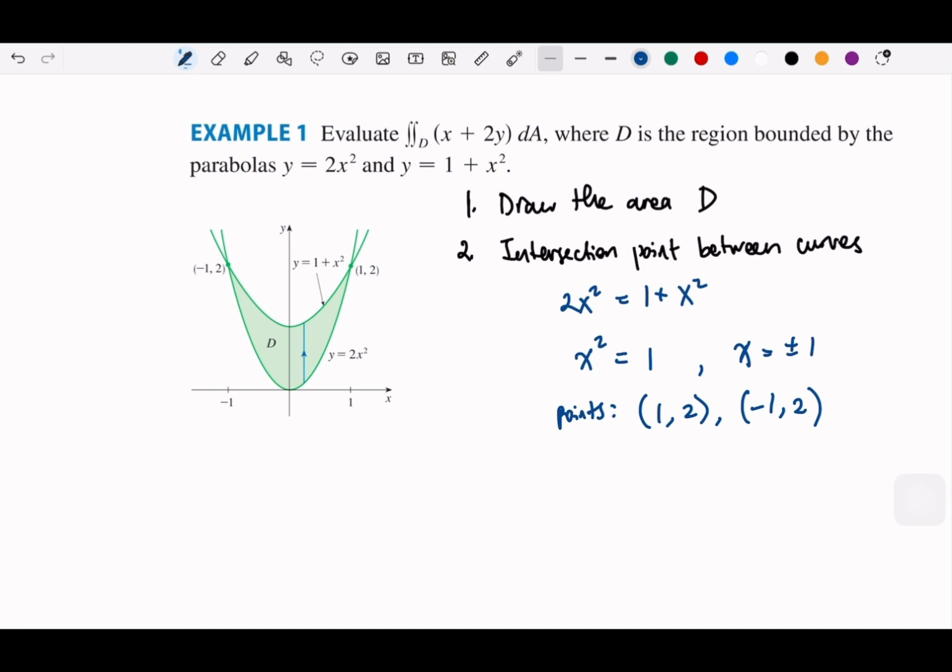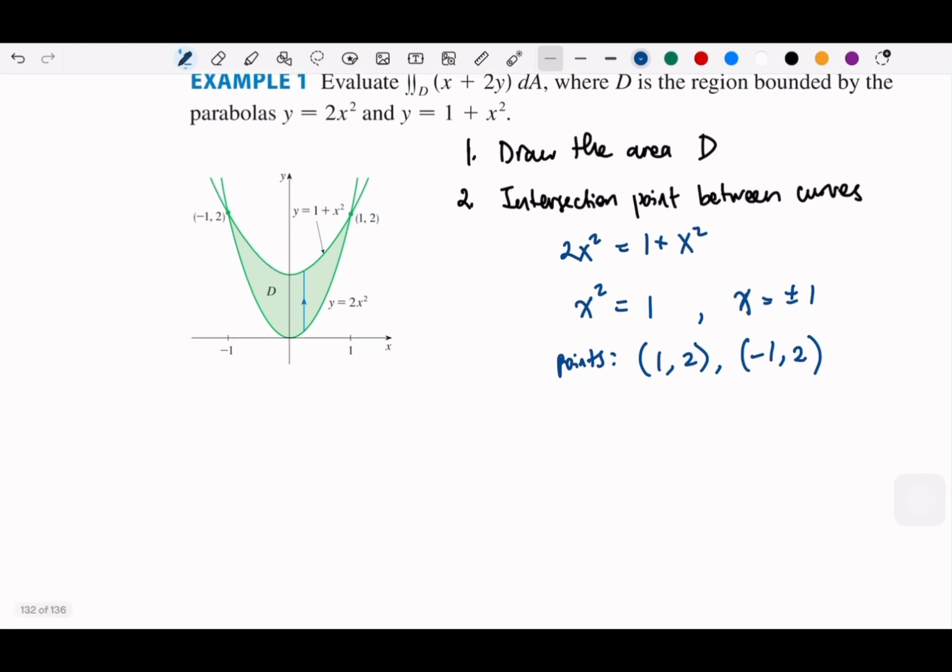And after we draw the area and find the intersection, now we can set up the integral. So these are the first two steps. Now we have constant x between negative 1 and 1, and then for y, remember all the principles from Calculus 1 for integrals: top, bottom, left, right.